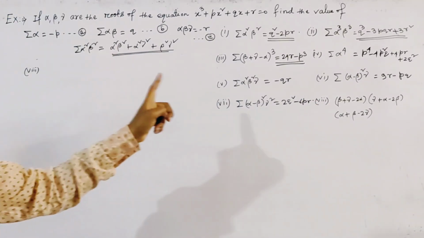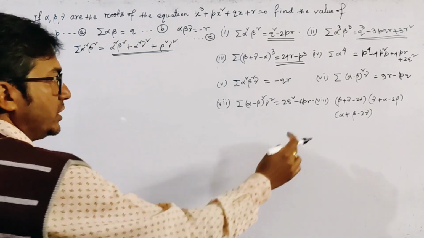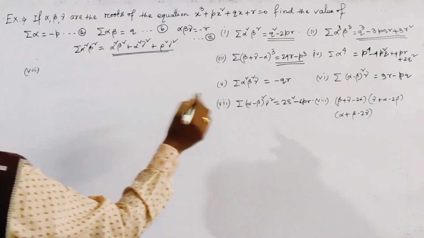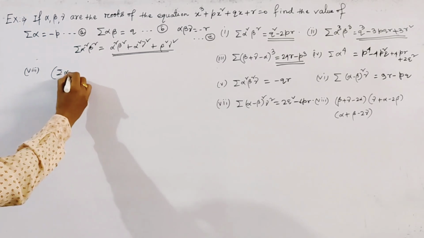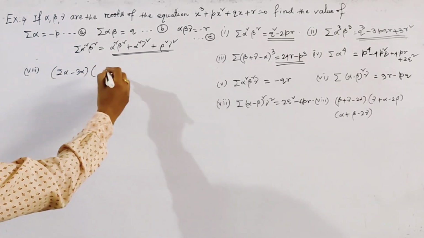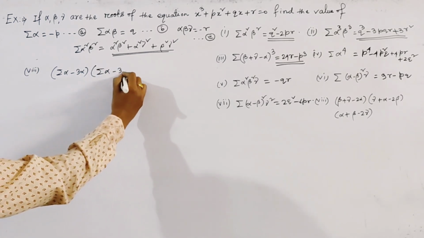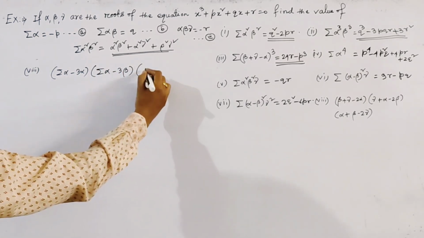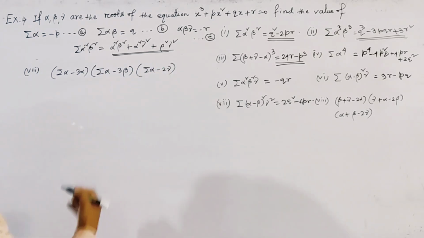For the last, that is for the 8th expression, we first write this first term in the first bracket, this is summation alpha minus 3 alpha. In the second bracket, we also write summation alpha minus 3 beta, and this is also summation alpha minus 3 gamma.